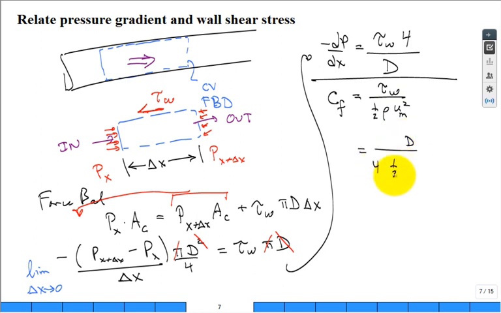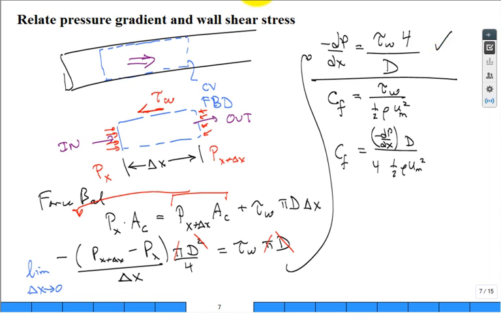I'm going to leave the 1/2 rho u mean squared, and we replace tau with negative dp dx. C sub F, the friction coefficient for flow inside of a pipe, is equal to this expression. I eliminated the tau using this expression right here.